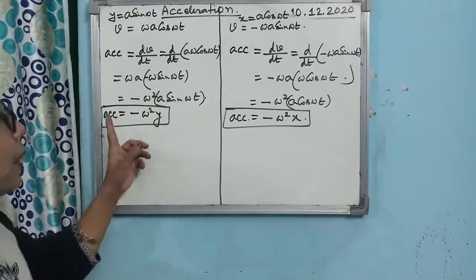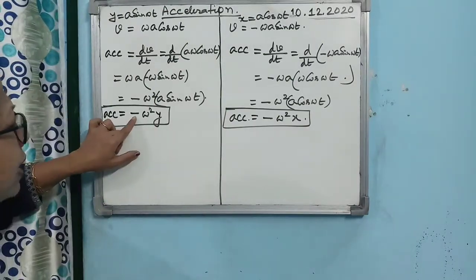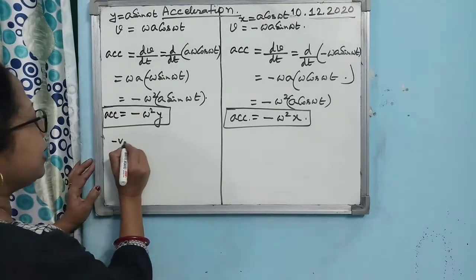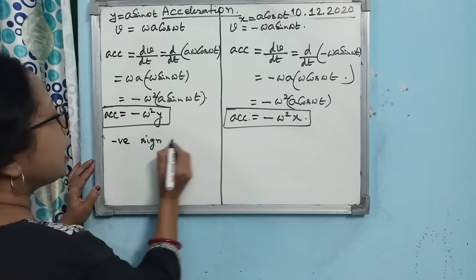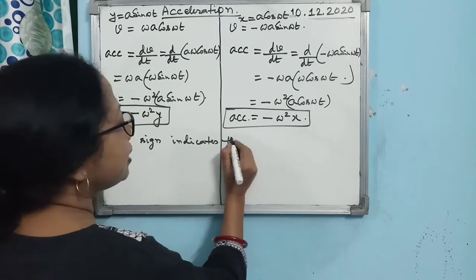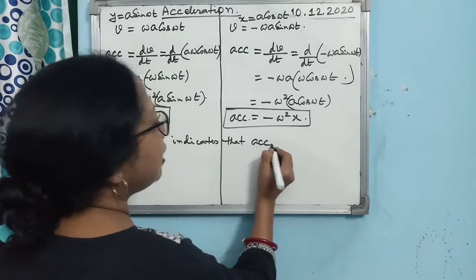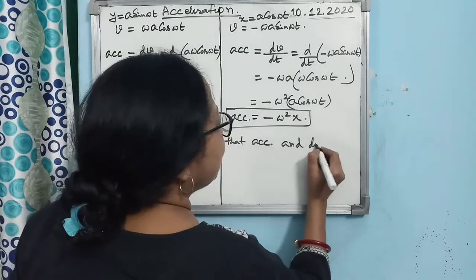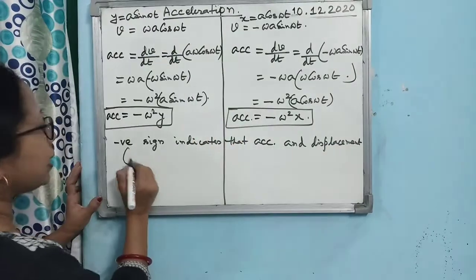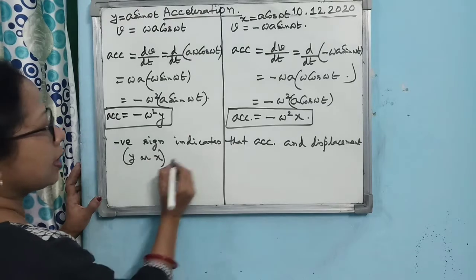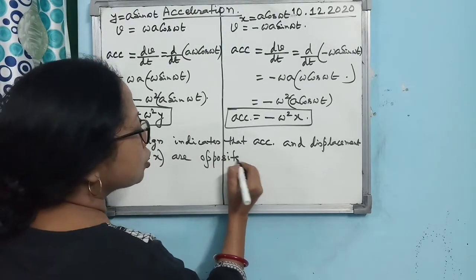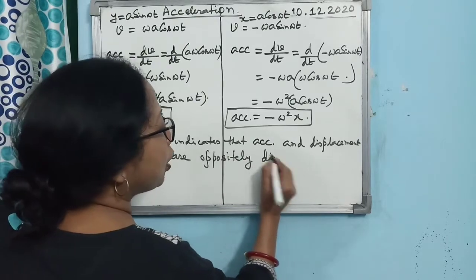Alright. So you see here, what is the meaning of the negative sign? The negative sign indicates that acceleration and displacement are oppositely directed. Displacement means what? x or y. That's why within brackets I am writing y or x. Is that clear? This is the most important point.